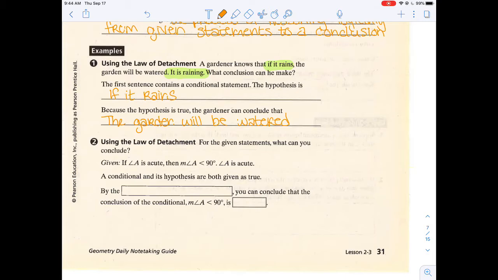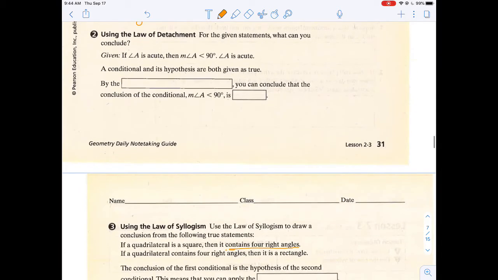Okay. Number 2, using the law of detachment. For the given statements, what can you conclude? If angle A is acute, then the measure of angle A is less than 90 degrees. Angle A is acute. A conditional and its hypothesis are both given as true, so we know these statements are true.